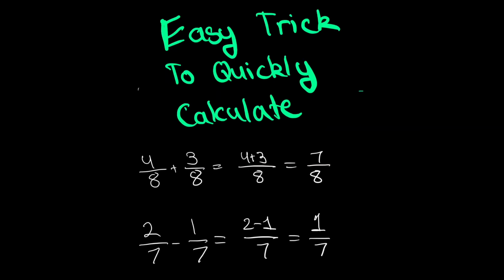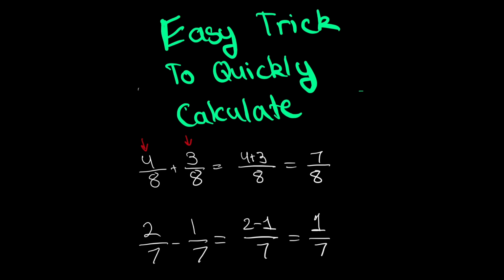Now, for those of you who don't want to calculate pizza every single time you see 2 fractions with the same denominator, I have an easy trick to quickly calculate adding and subtracting fractions for you. So here we have 4/8 and 3/8. So what should we do to add these two?